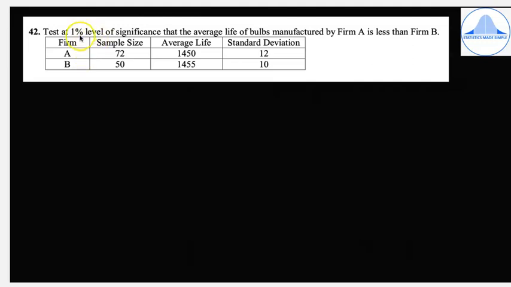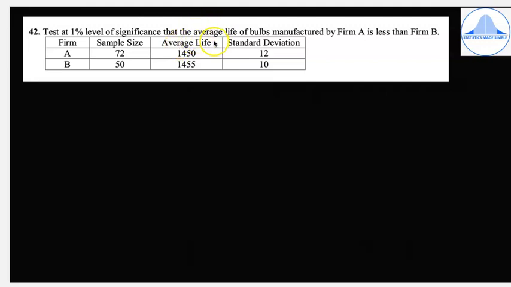42nd question. Test at 1% level of significance that the average life of bulbs manufactured by firm A is less than firm B. Now observe the question carefully and read the terms which are present in the question.